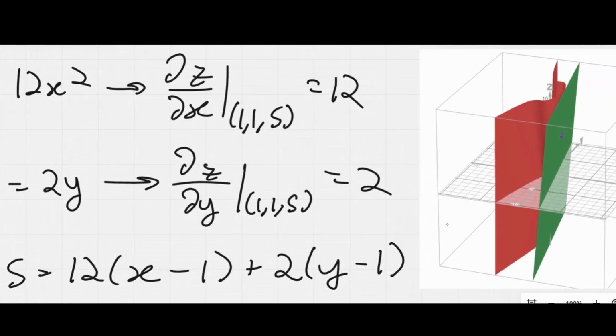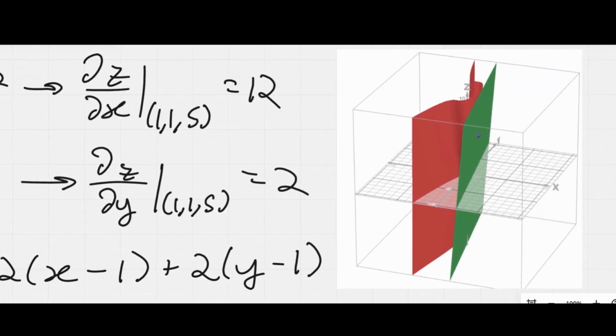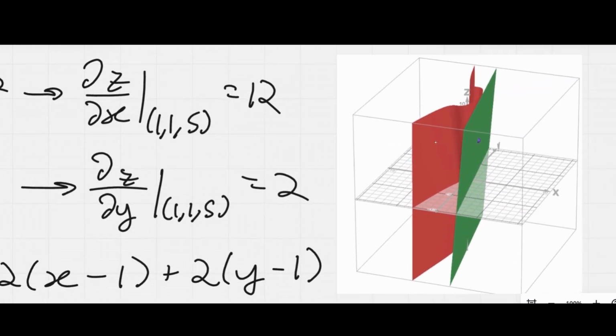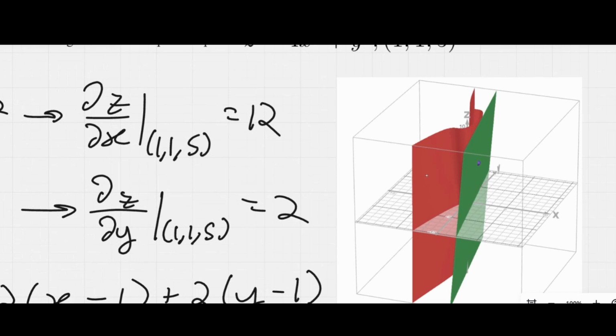As you can see, we have our original surface, which is in red, z equals 4x cubed plus y squared. And then we have the tangent plane, which is in green, which is 12x plus 2y minus 9. And then we have that small point over there, (1, 1, 5), and that is essentially the intersection of both of those surfaces. Let's look at another problem.